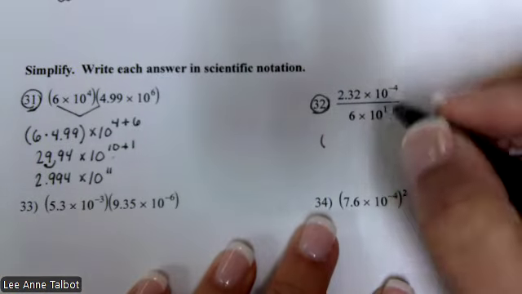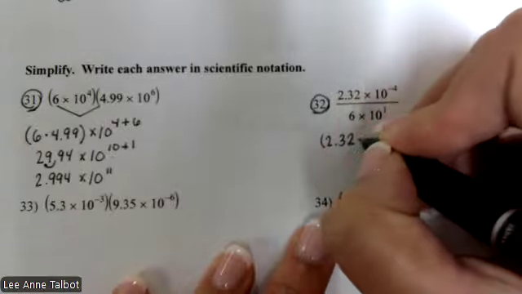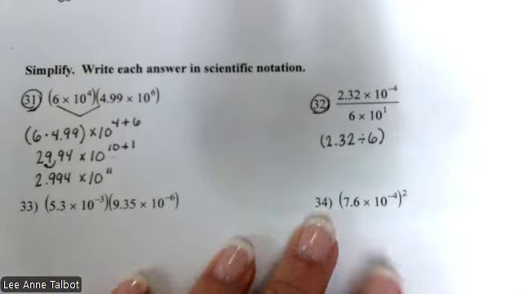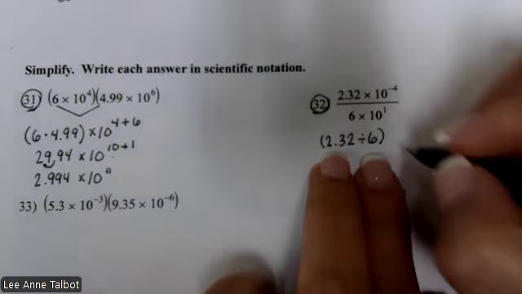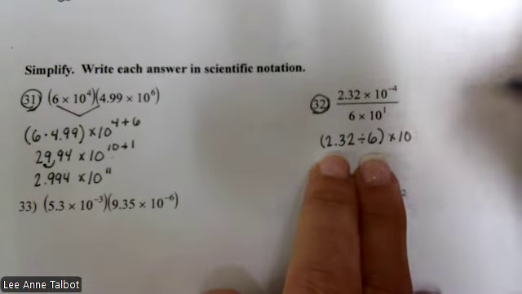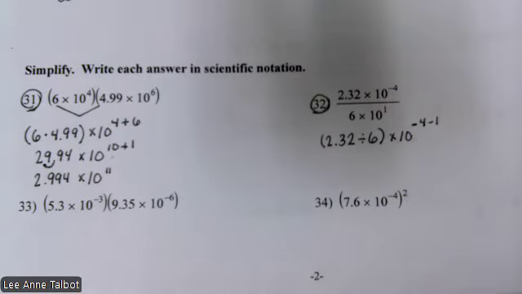Okay, 32. Division problem. Divide the numbers in front times 10 and subtract the exponents.